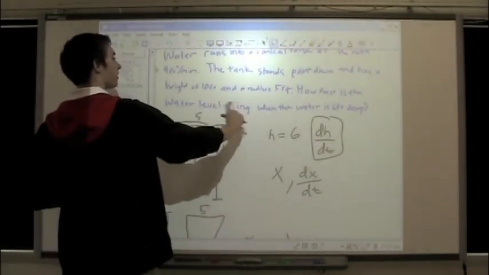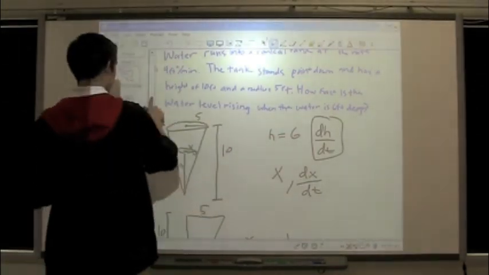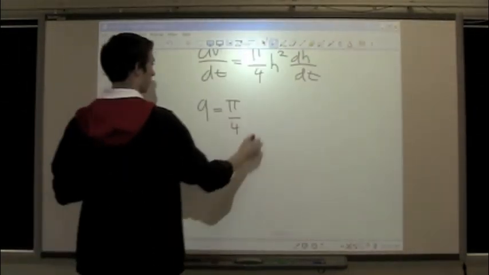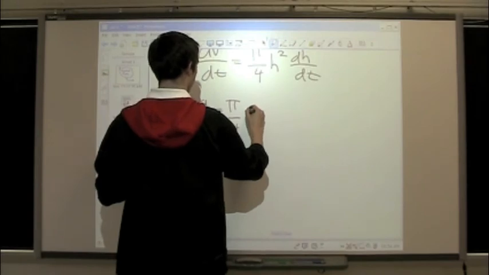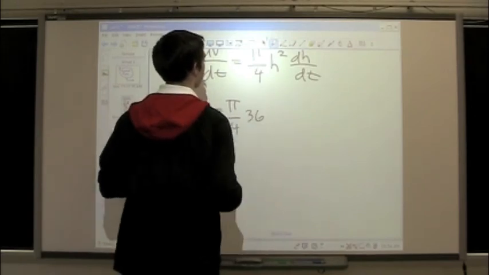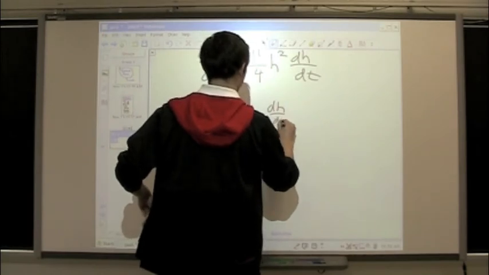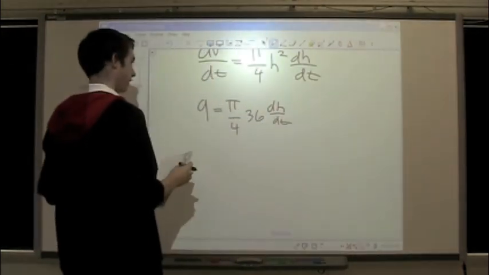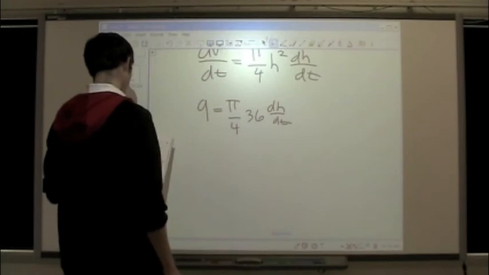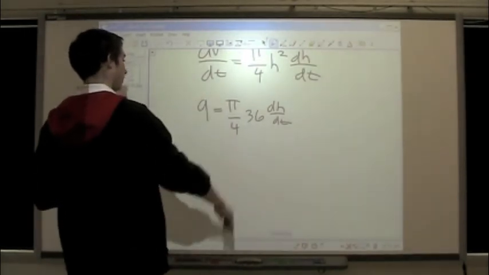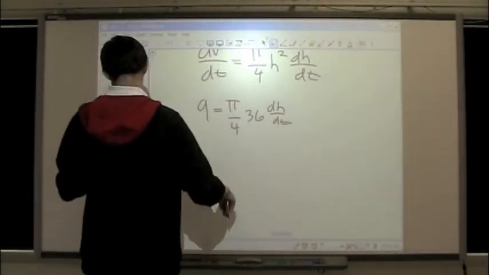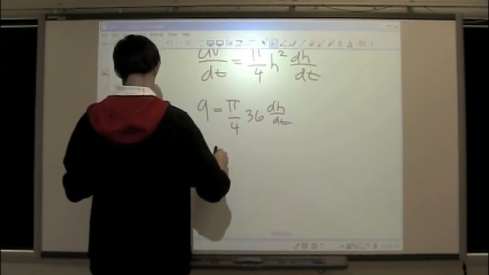It tells us that right here when the water is 6 feet deep. So we can plug that in right here for h. 6 squared is 36. And then dh/dt is what we are solving for, the change in height over time. So these are all numerical values.